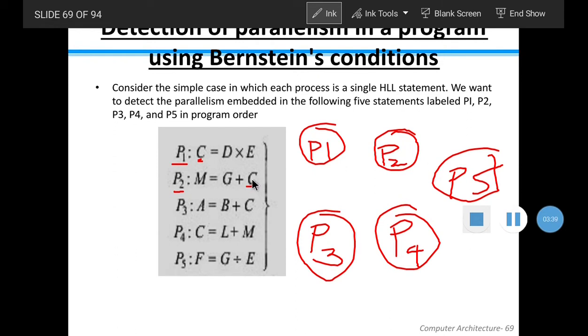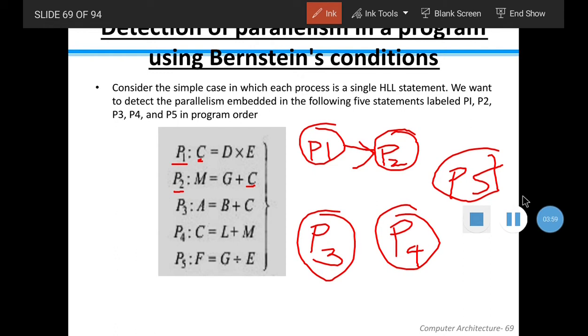So we are using P1's C in P2. So there is a flow dependence, as we have already discussed in the previous videos. So P1 and P2, if they are flow dependent, we denote it by an arrow mark.